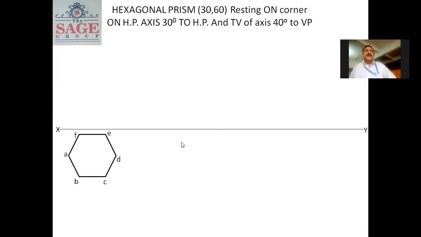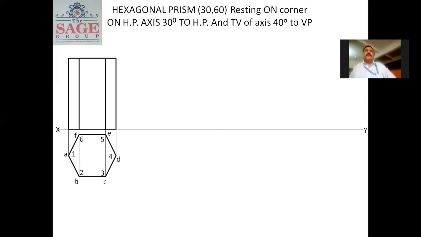Now we continue the problem. First of all, naming the base. Then we know that in a prism there are two bases, so we have to name it twice. Then project it and complete the front view as it is a rectangle.